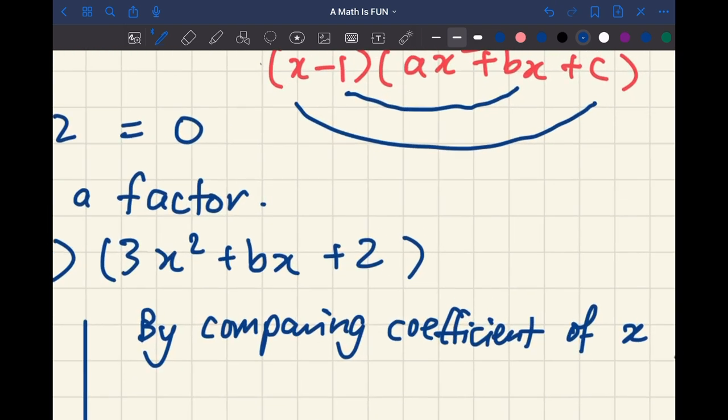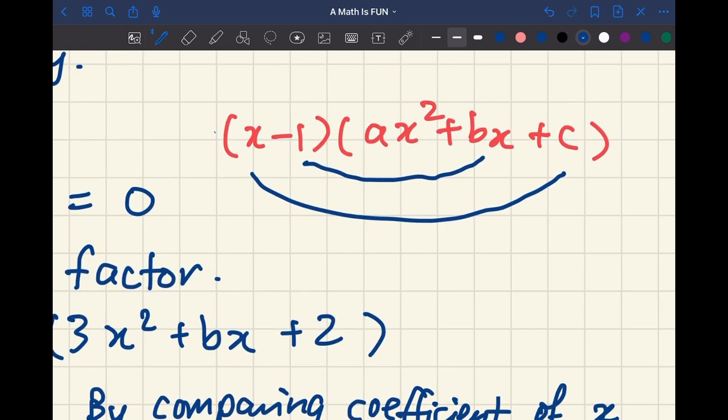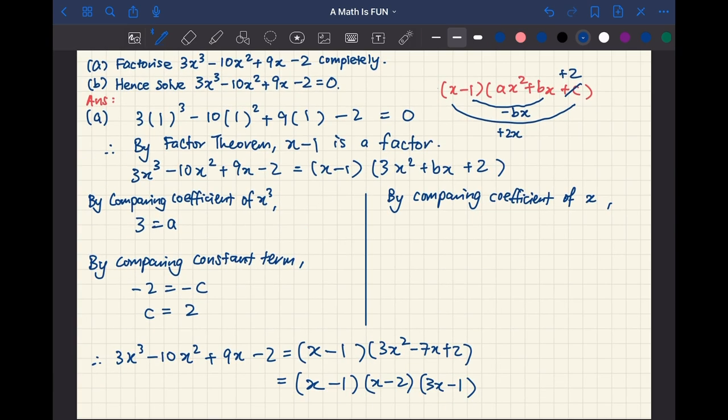So here, x times c, which is 2, will give us positive 2x. And then negative 1 times bx is going to give us negative bx. So if we just isolate the coefficient, that's going to give us 2 minus b.